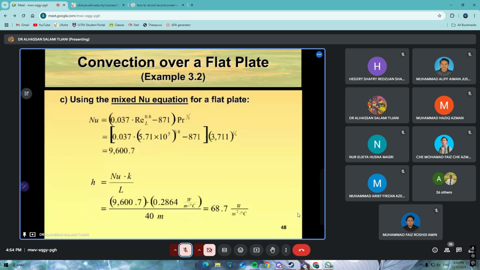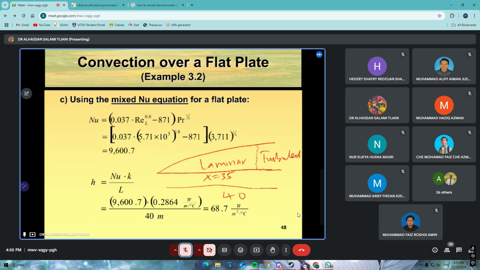So it means that across the plate, if the whole plate is 40, up to the point, let's say X equals 35, the flow is laminar. Then the other portion is turbulent flow.